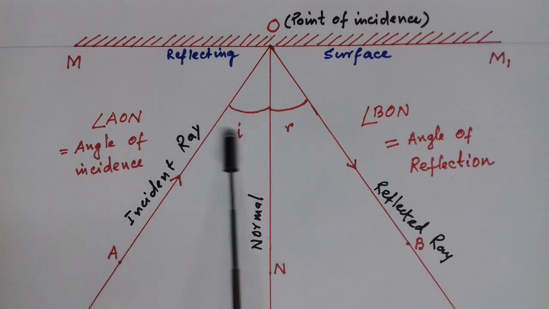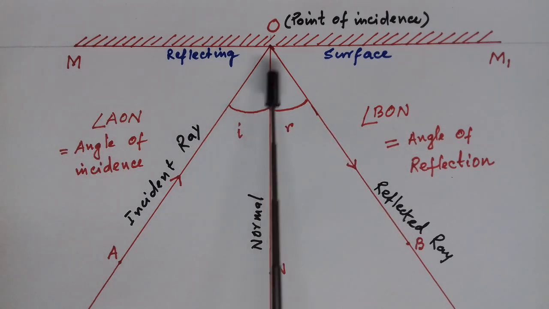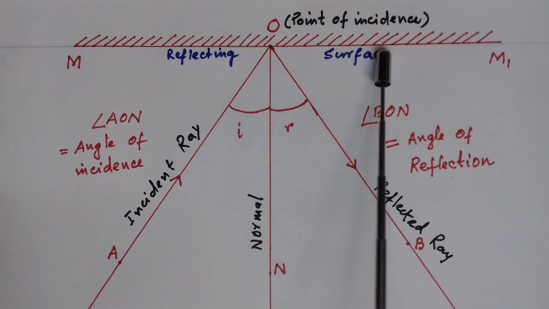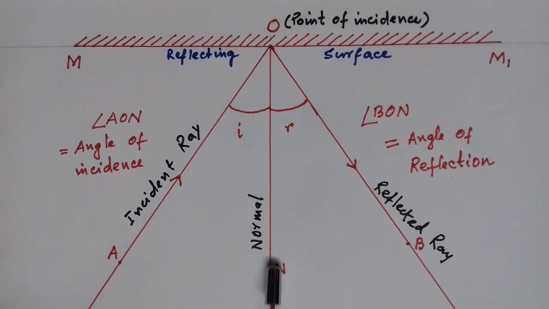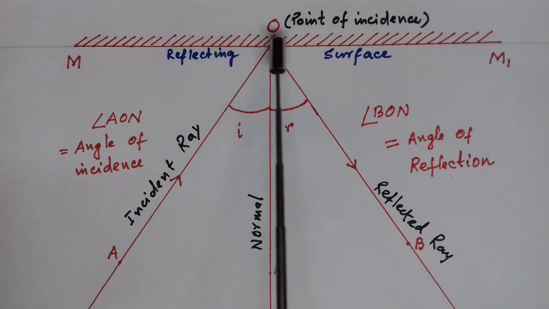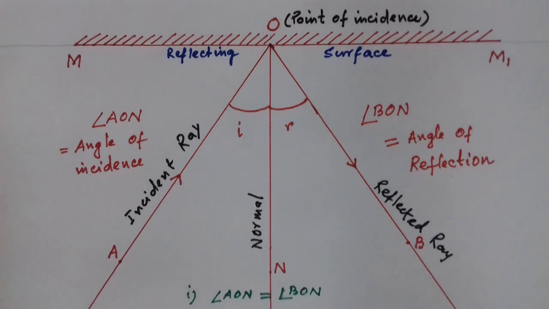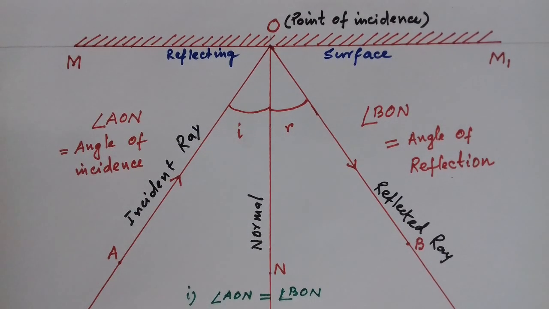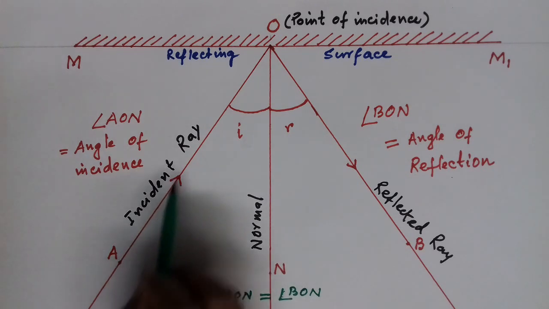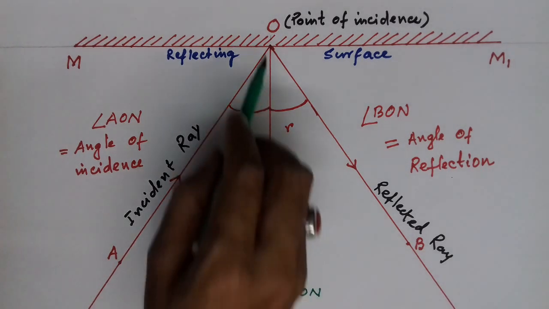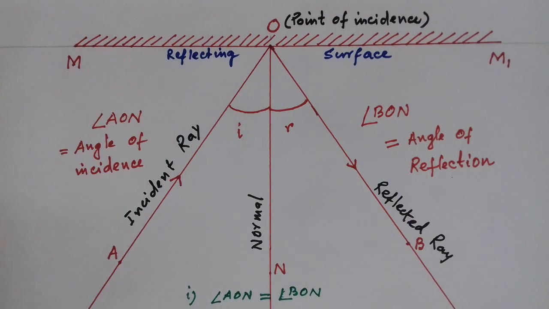Angle of incidence is denoted by I, angle of reflection is denoted by r. The perpendicular to the reflecting surface is called the normal. The point at which the ray strikes the reflecting surface is called the point of incidence. Here we have to remember that the angle of incidence equals the angle of reflection for a corresponding incident ray and reflected ray.